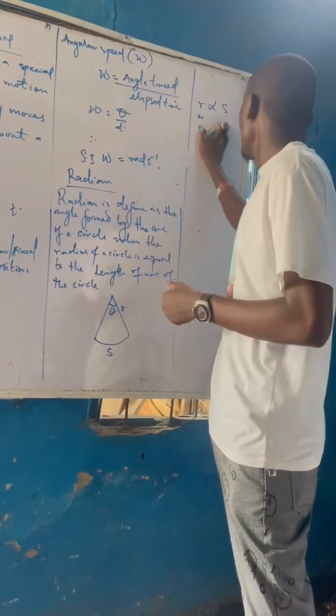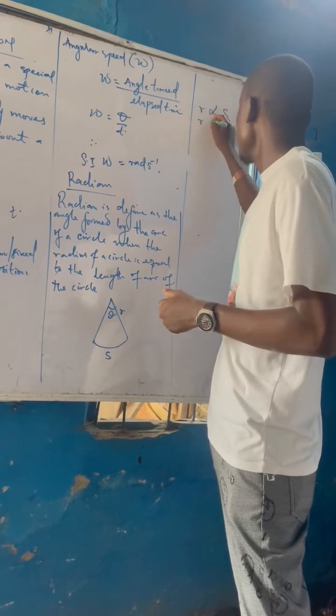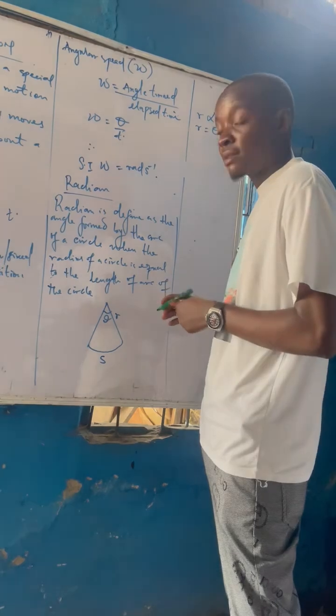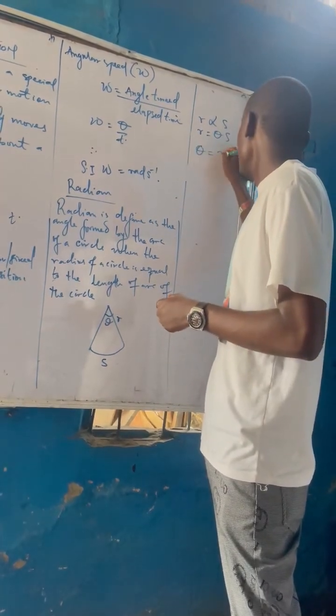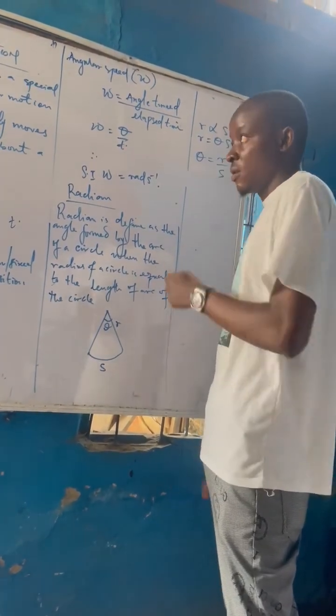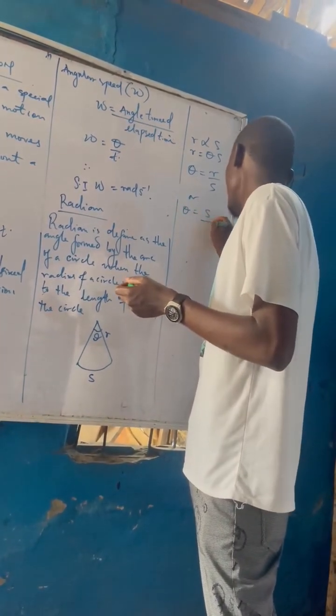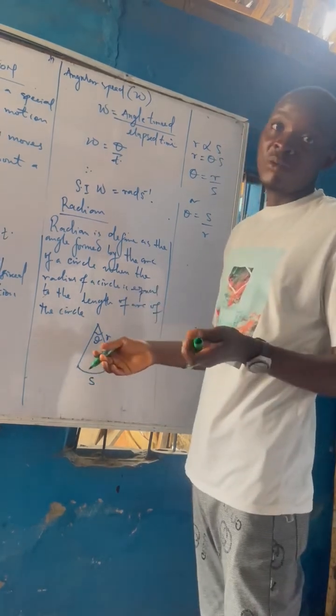Now, if we change this to an equal sign, we're going to have our radian theta, which is s over r.